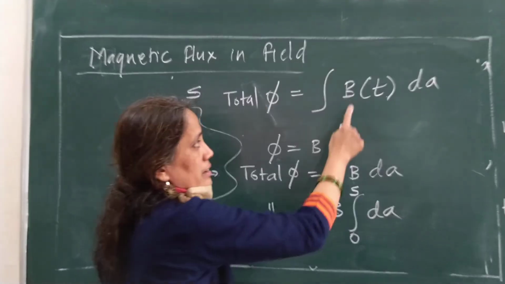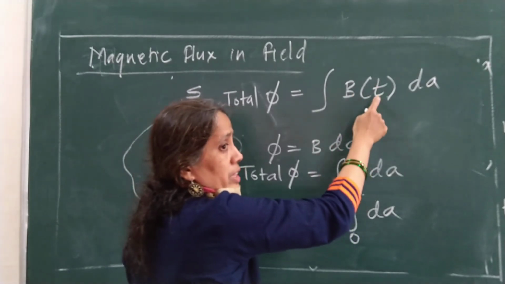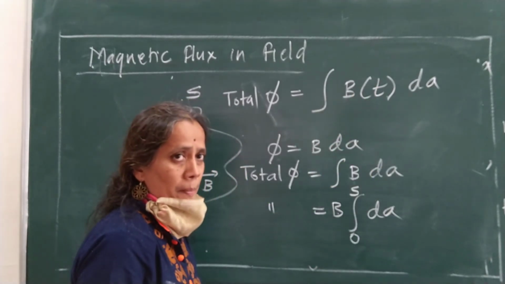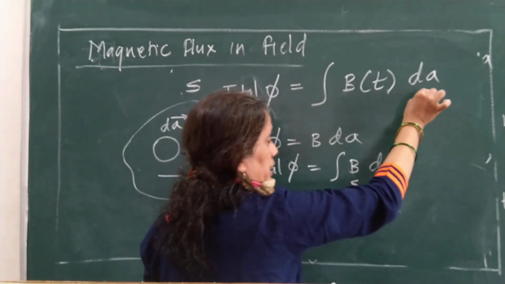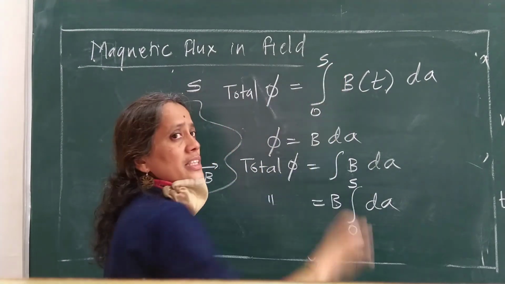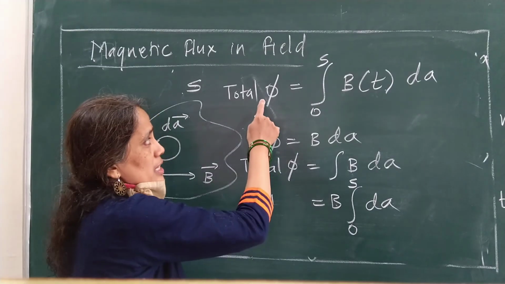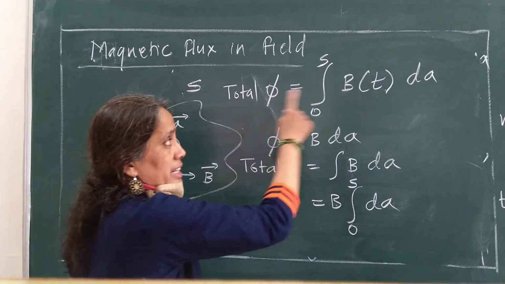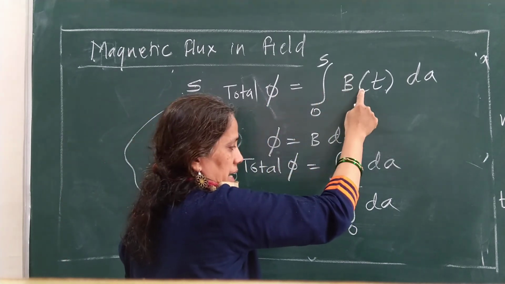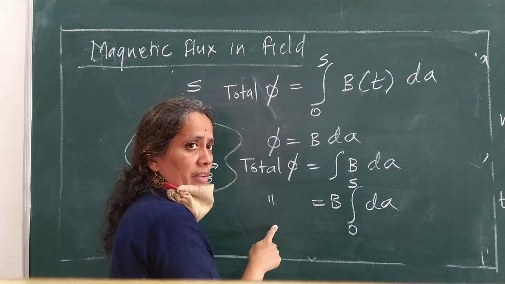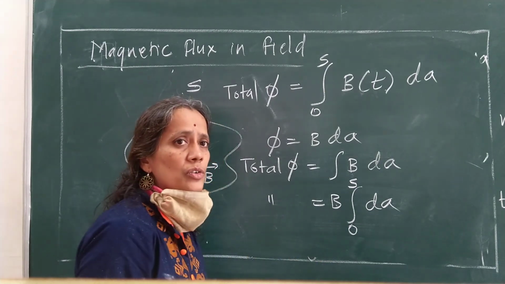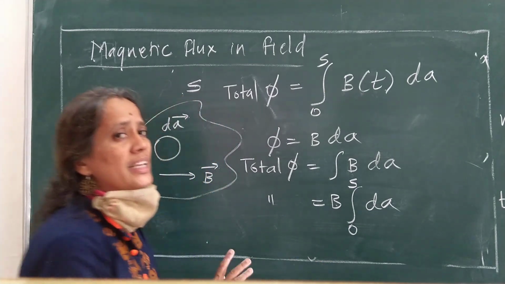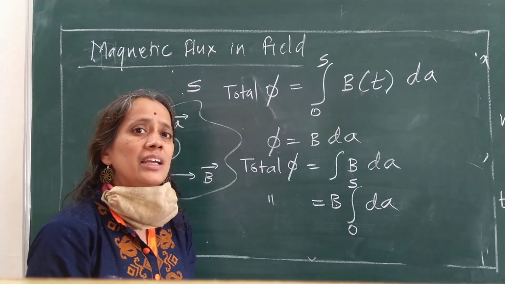What is the meaning here? Magnetic field is varying with respect to time. And I have to take the integration for the complete surface. So this is also your magnetic flux, but in that case of varying magnetic field. And this is your magnetic flux when your magnetic field is uniform. So this is the basic concept of your magnetic flux.